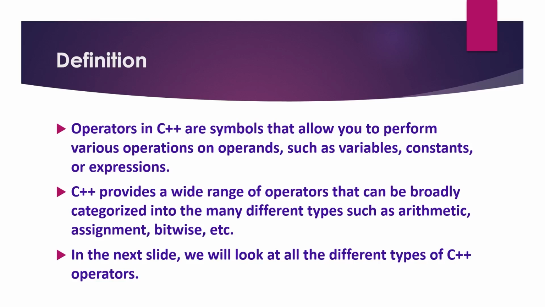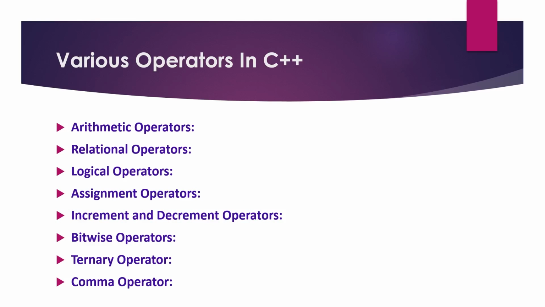We have already covered the definition of operators and then the various operators. Out of that, we have covered arithmetic, relational, logical, assignment, increment, decrement, ternary, and comma operators. And as you can see here, the bitwise operators were pending, and I told you already that we will be covering this dedicatedly in the third part.